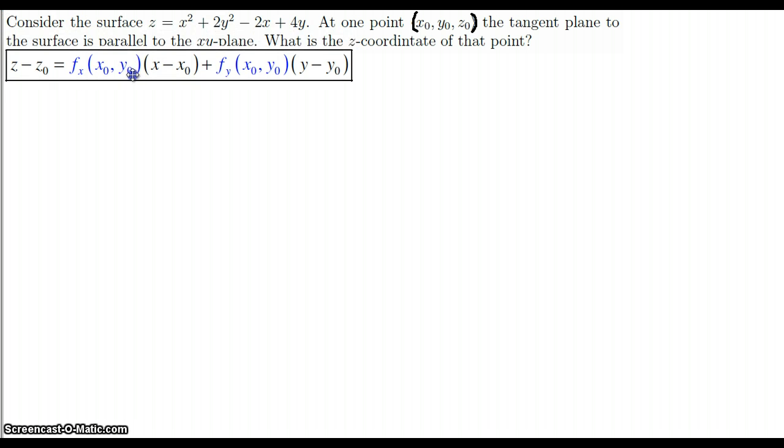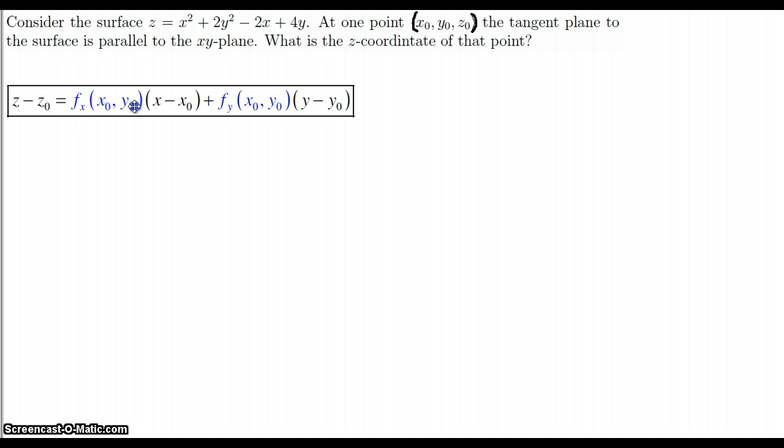Equation of a tangent plane, when you're given z as a function of x and y: the equation of the tangent plane would be z minus z naught is the partial derivative of f with respect to x at x naught y naught times the quantity x minus x naught, plus the partial derivative of f with respect to y at x naught y naught times y minus y naught.